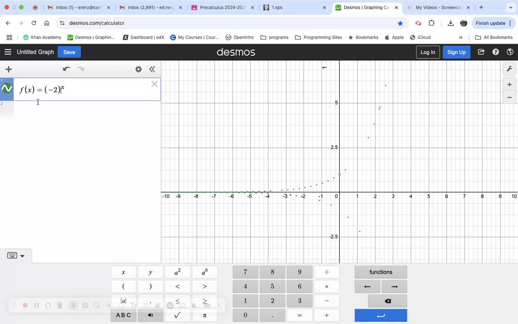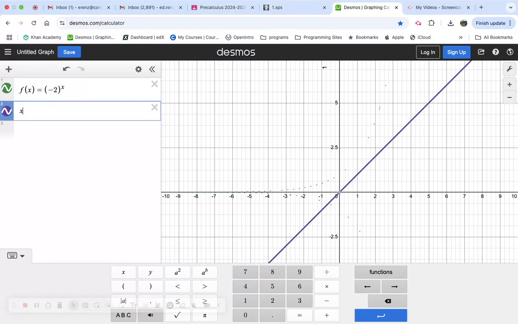You can't have negative because now the graph is jumping all over the place, since every time you put it, for instance, if I make a slider with x, how do I make a slider with x? I can't remember.